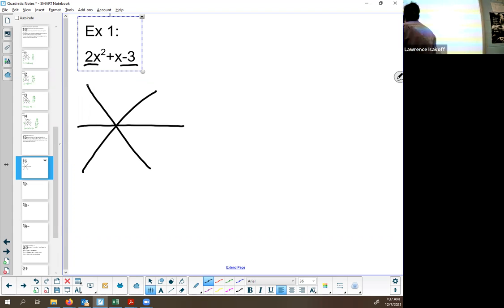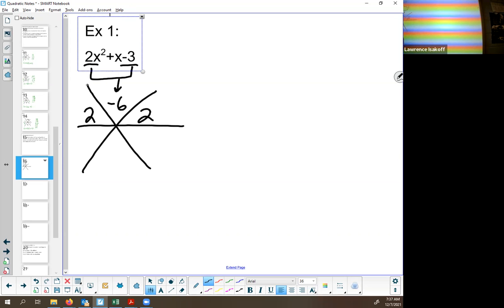So please make sure you are always multiplying these two numbers together. So 2 times -3 is -6. Since there is a 2 up front, I put a 2 here and a 2 over here. Then finally, there's no number in front of this x, that means a 1 on the bottom.